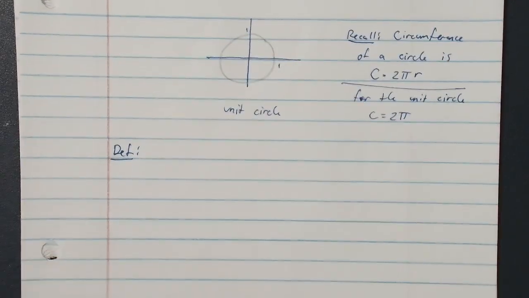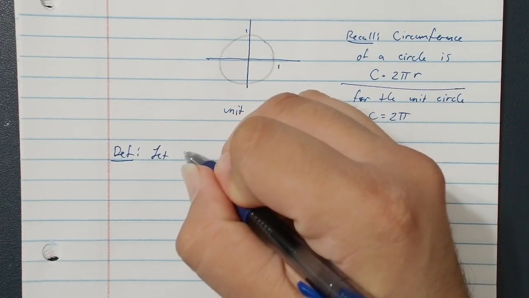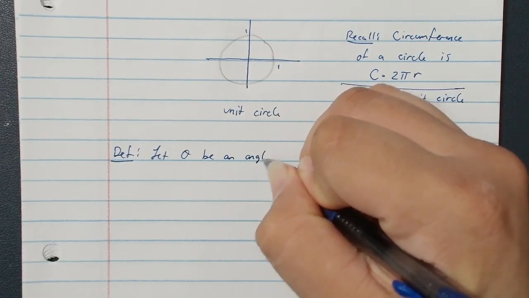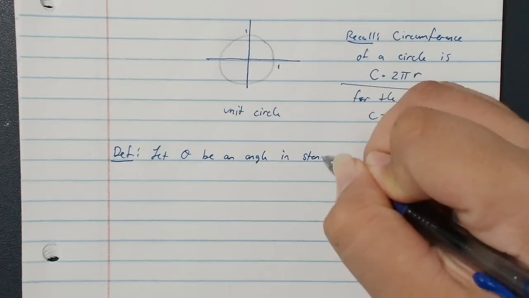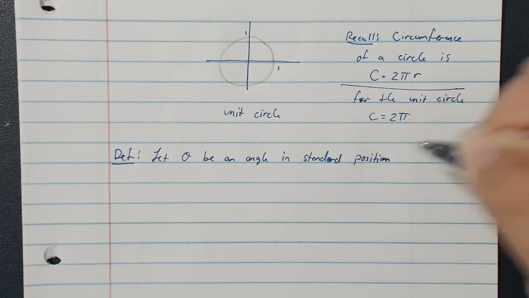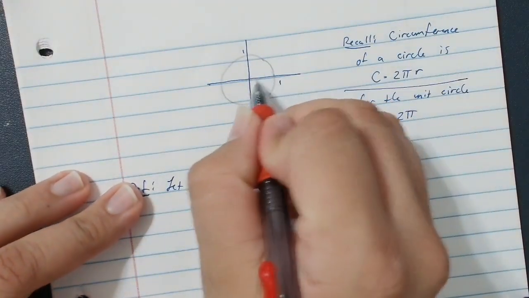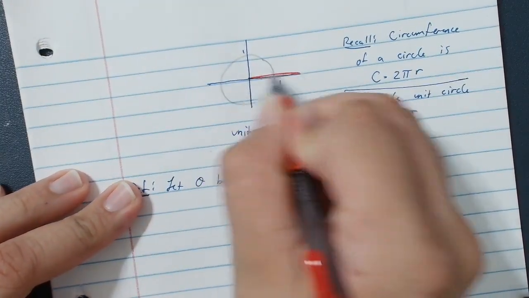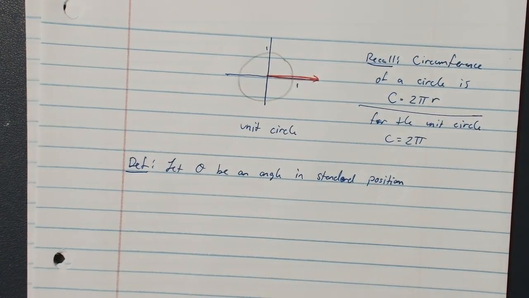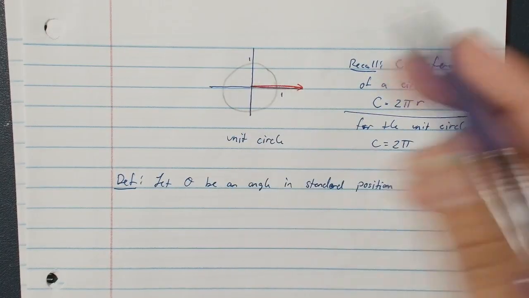Well, we have a definition here. Let's define what a radian is. Definition. Let theta be an angle in standard position. We know what standard position means. It means that the initial ray is on the positive half of the x-axis. Its terminal ray is somewhere else, which we will draw here in just a moment. Now, if that angle that we're going to draw here, we've already drawn one ray, we need the other one here.